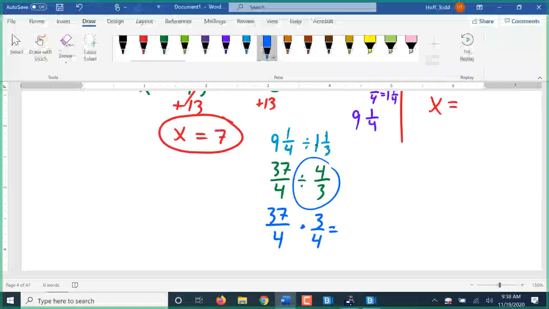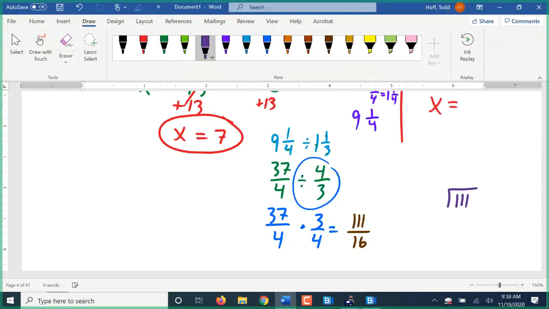Now we could cross cancel, but unfortunately nothing cancels out. 37 times 3 is 111. 4 times 4 is 16. And now we need to reduce that. So 111 divided by 16. 16 does not go into 1.